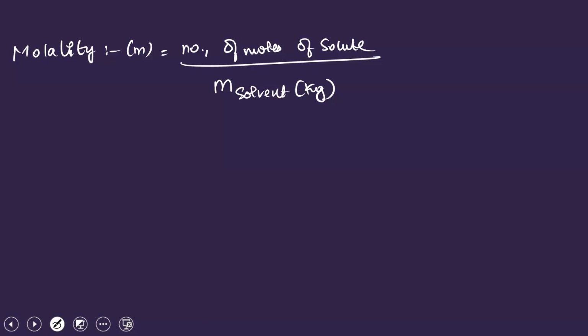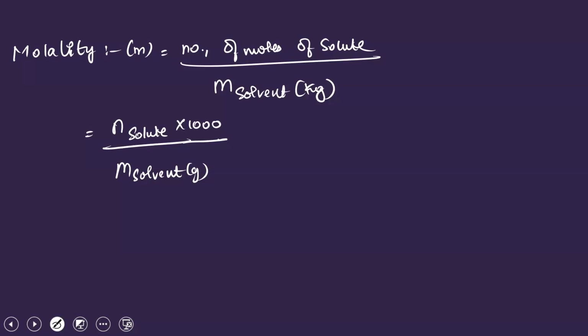Is that clear? So how could you write this? If suppose the mass of solvent is in grams, then I will divide it by 1000 so it gets converted to kilogram. So 1000 goes to the numerator. Is that clear? 1000 goes to the numerator. That's it.